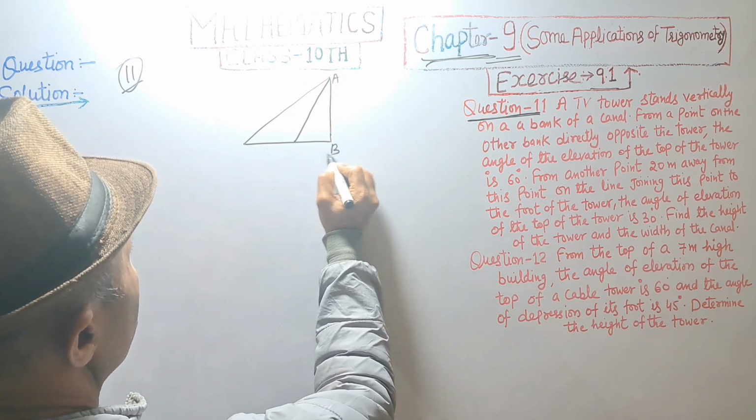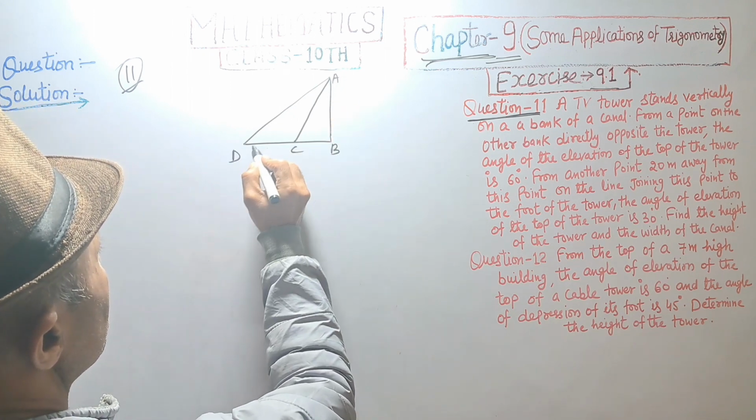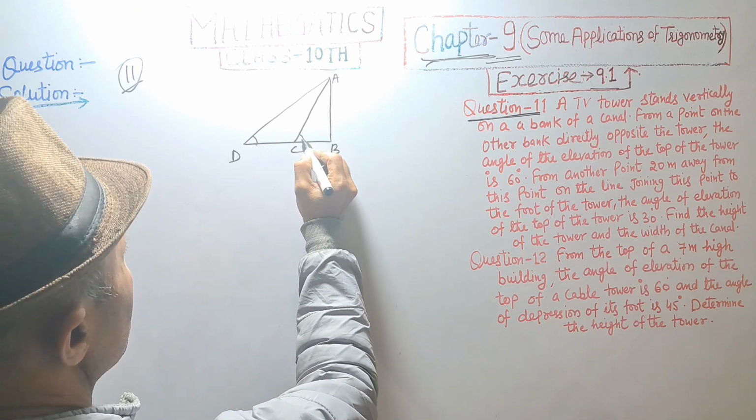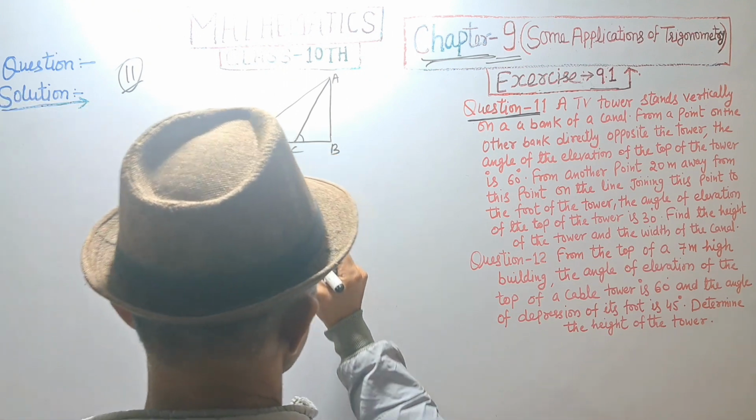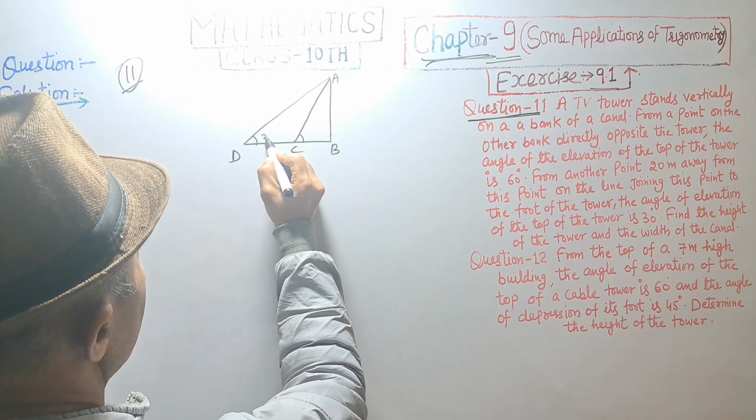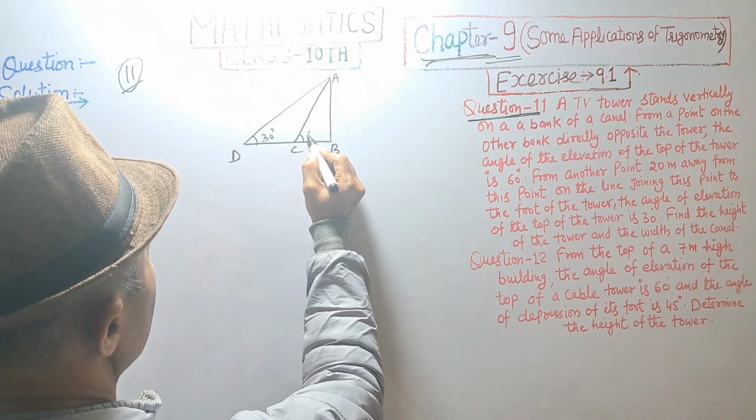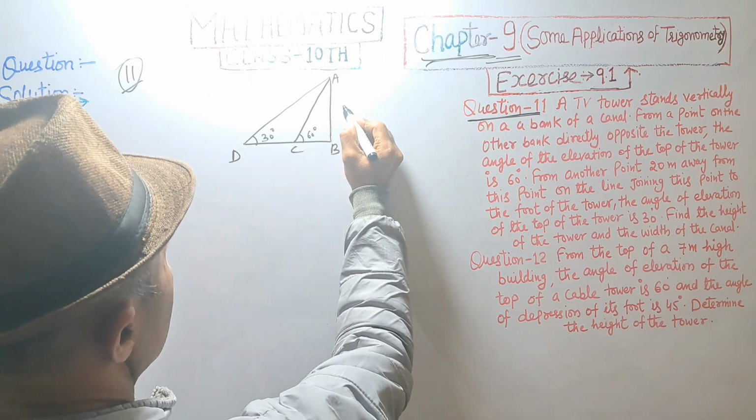A, B, C, D, with angles 30 degrees and 60 degrees.